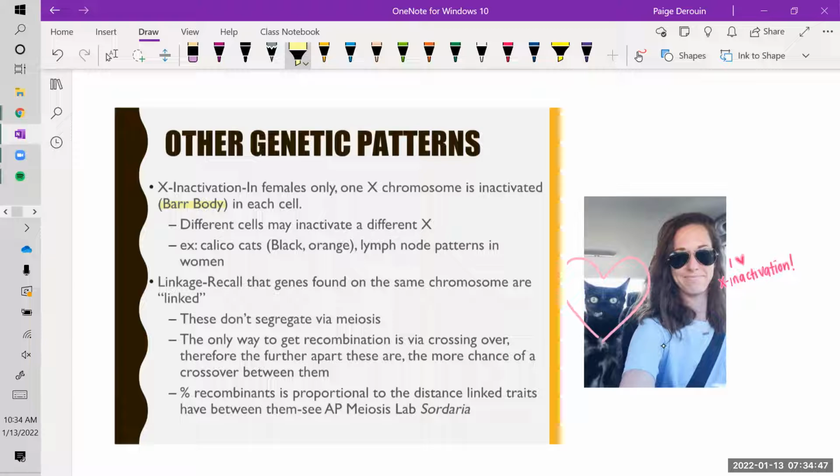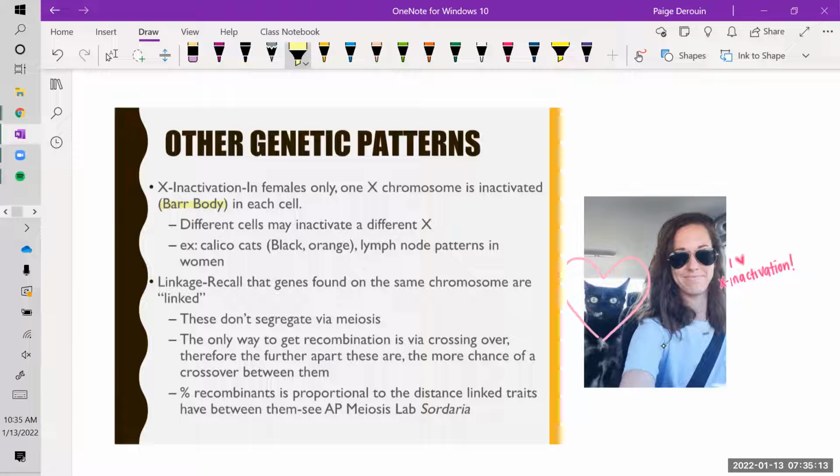And then also a weird thing is that sometimes genes are linked if they're found on the same chromosome. So remember when we talked about meiosis, and independent assortment, where they separate, but if they're on the same chromosome, they don't separate as often. So sometimes you're going to see two traits that are almost always inherited together.